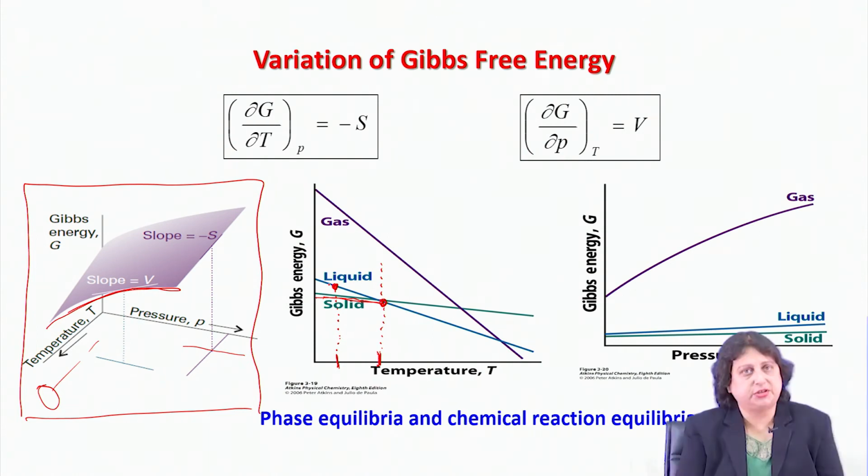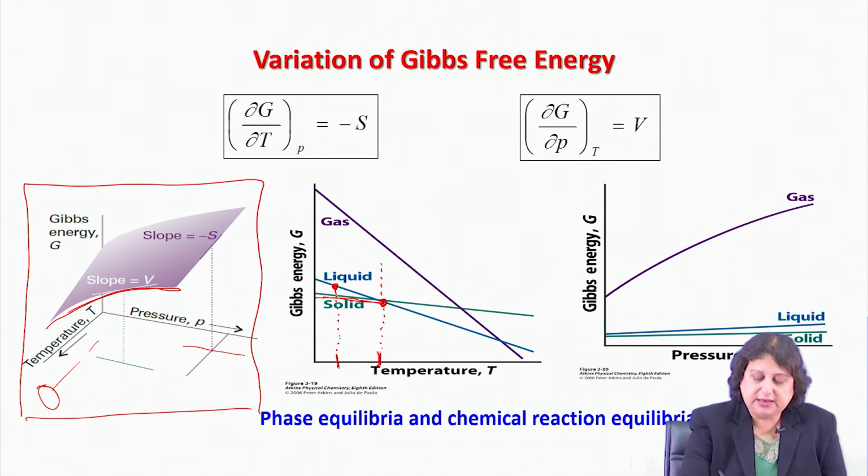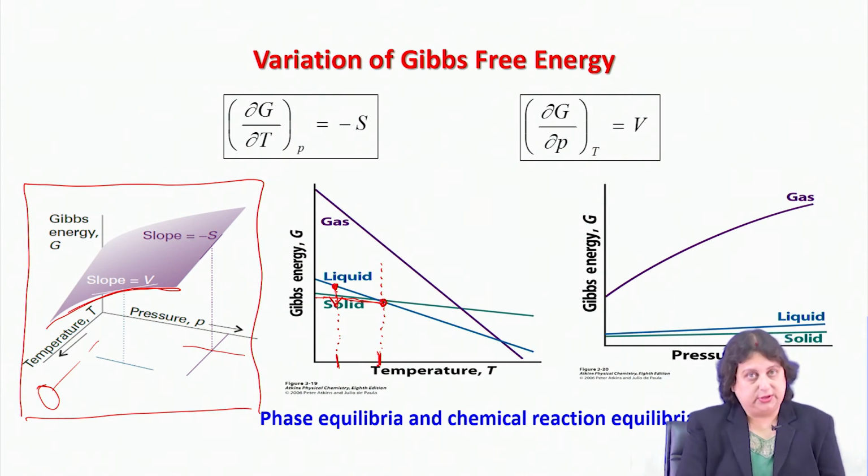At that pressure, if you even disturb the supercooled liquid by a little amount, it will spontaneously go to the solid phase. Why is that so? Because at that temperature and pressure, going to the solid phase will decrease its Gibbs free energy.